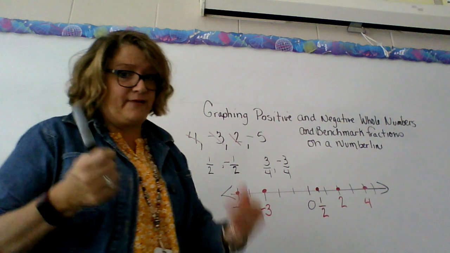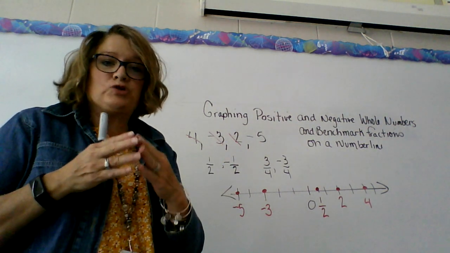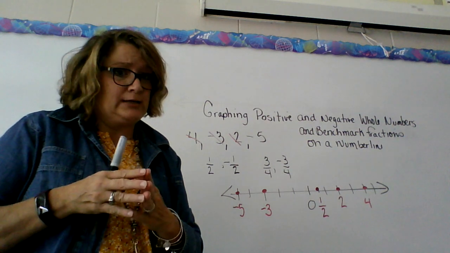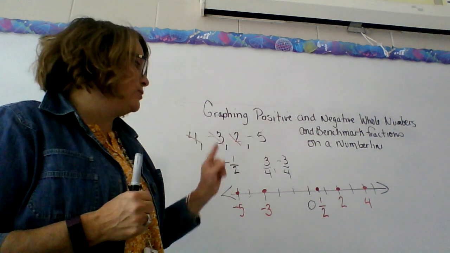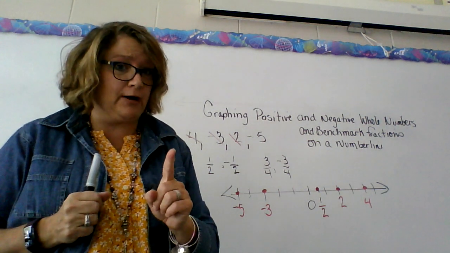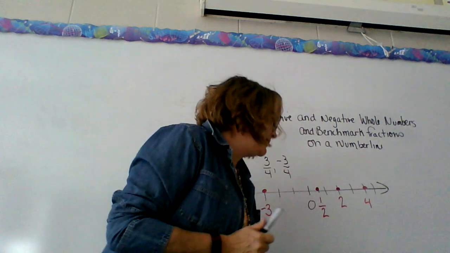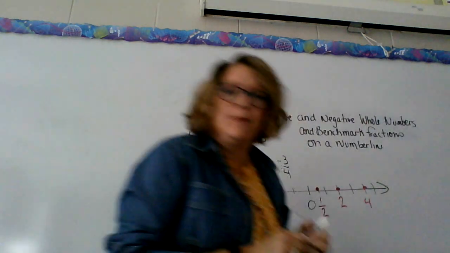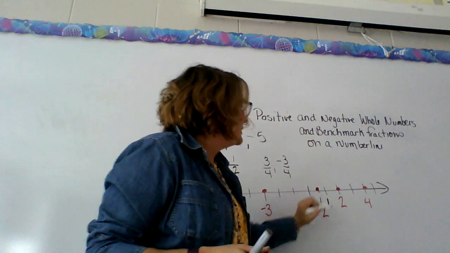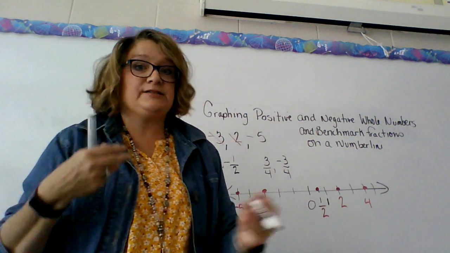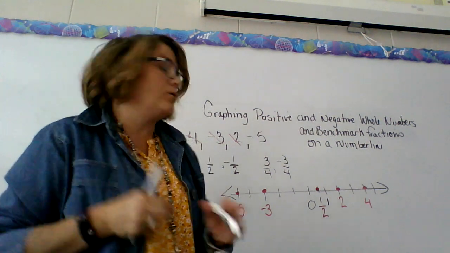Now, positive 1/2 is going to be in the same location as a negative 1/2. The only difference is the negative 1/2 is going to be on the left of 0. So if we're between 0 and 1, negative 1, I'm just going to write the negative 1, and I'm also going to go back and write 1 right here. It helps me to realize that the half can't be more than 1 whole.